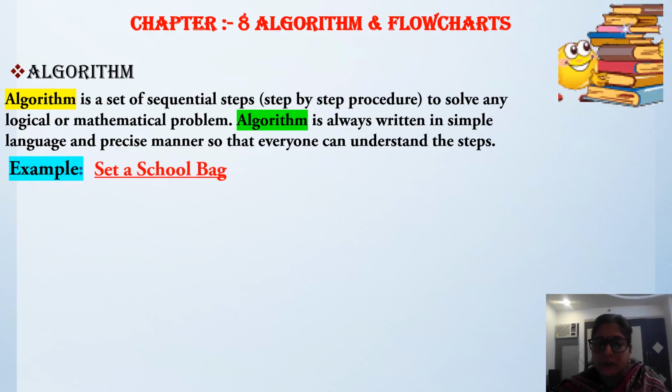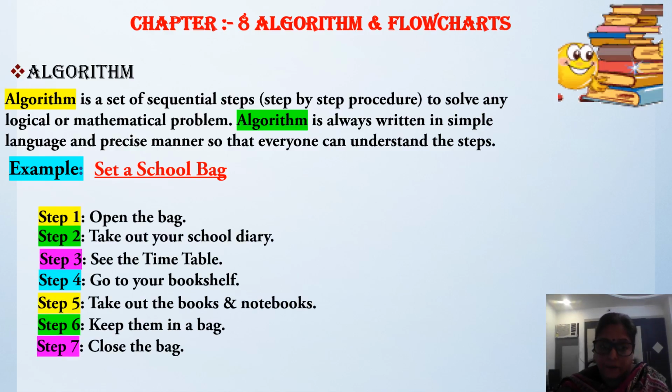For example, if you want to set a school bag, what is the algorithm? See, first open the bag, step number 1. Then step number 2, take out your school diary. Then step number 3, see the timetable, right? Then step number 4, go to your bookshelf. Then step number 5, take out the books and notebooks according to your timetable.